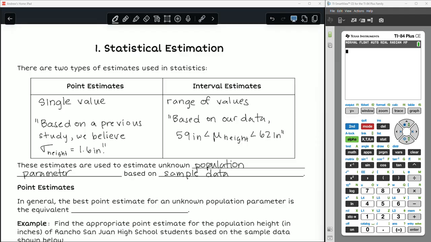The other is that somebody else has made a claim about a population parameter, and we use sample data to test the validity of that claim. So estimation and then testing claims are kind of the opposite. We're going to start with estimation this week, and then we'll start looking at a variety of tests to test the claims that others have made over the next couple weeks.